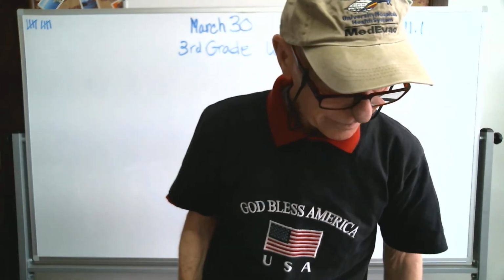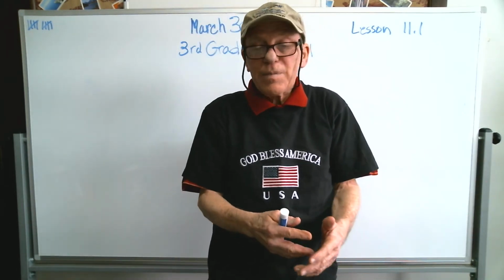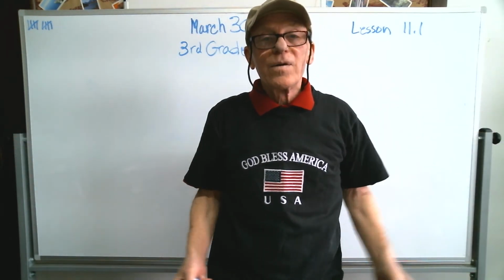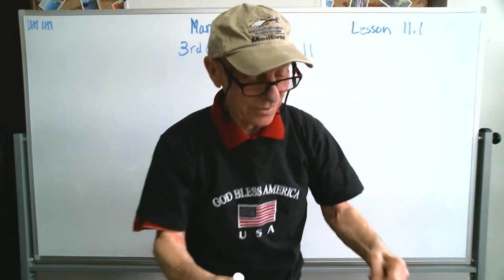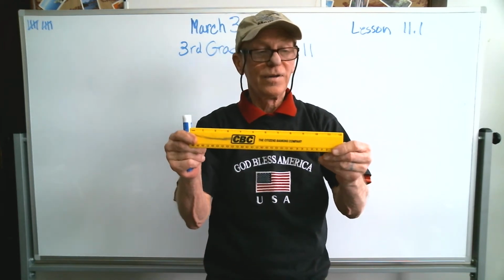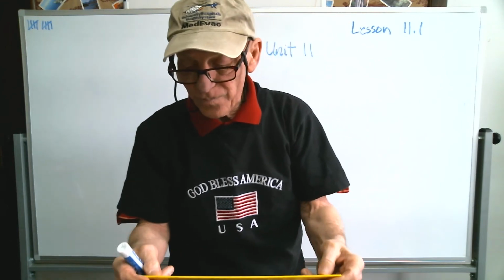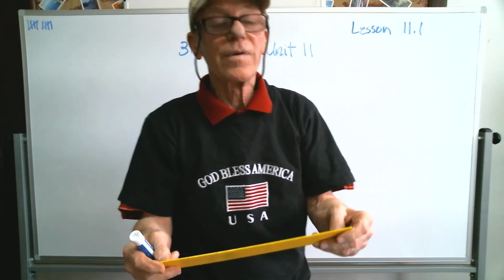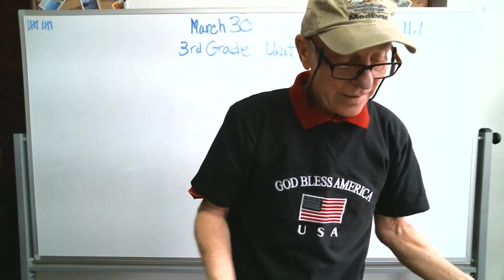Length. Length is just the measure between 2 points. What's the length of this pen? What's the length of this ruler? Well, the length of this ruler is 1 foot, or 30 centimeters. Anyhow, that's what length is.